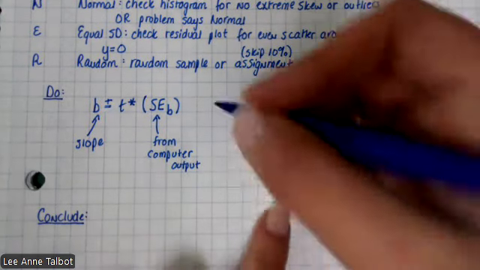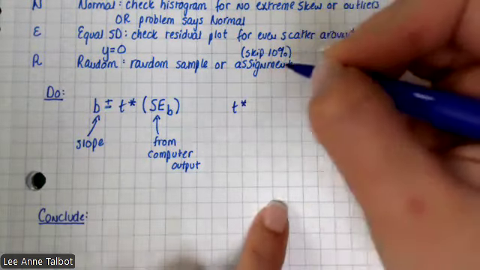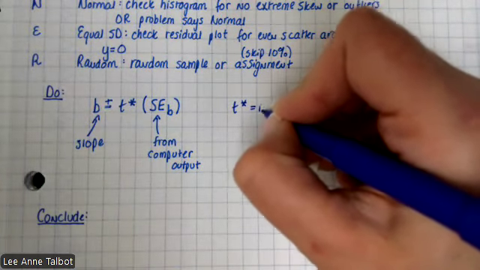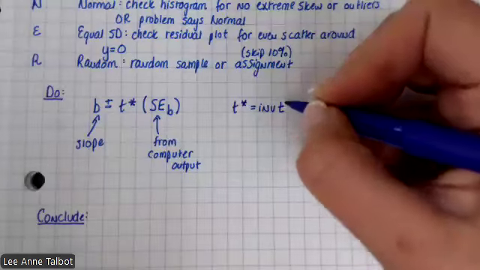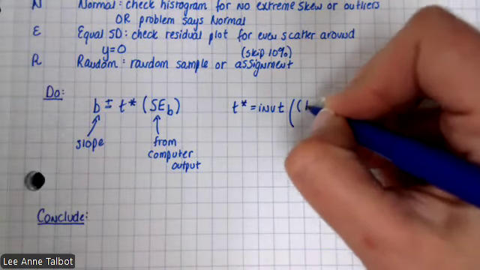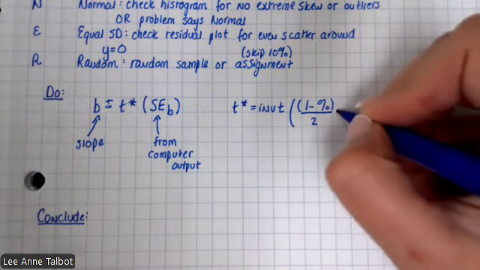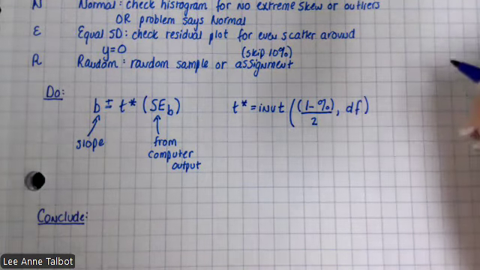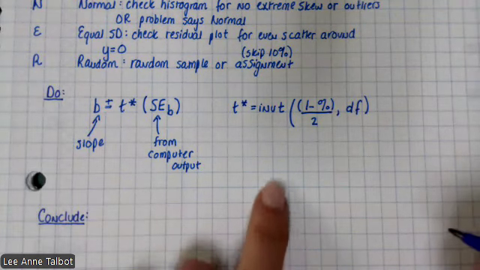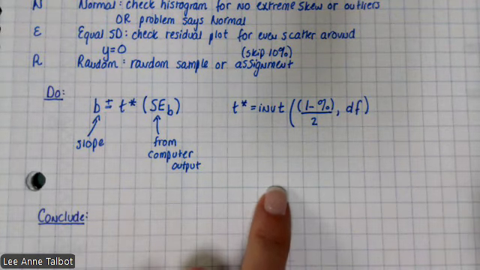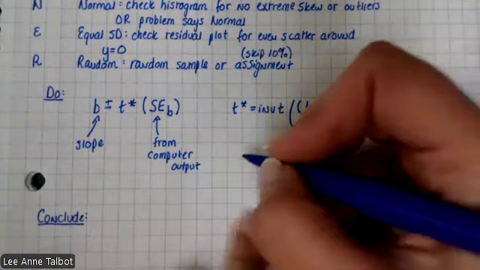So, okay, now let's just review T star. Inverse T, parentheses 1 minus percent divided by 2, degrees of freedom. And then the last thing you need to know is what is degrees of freedom for this stuff?